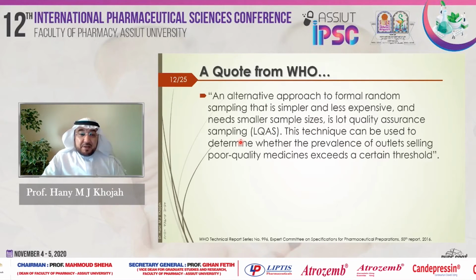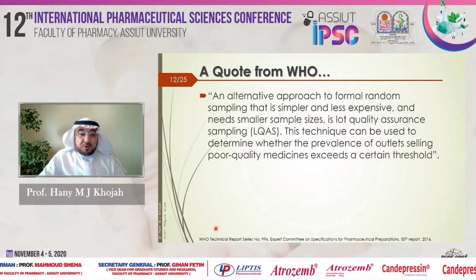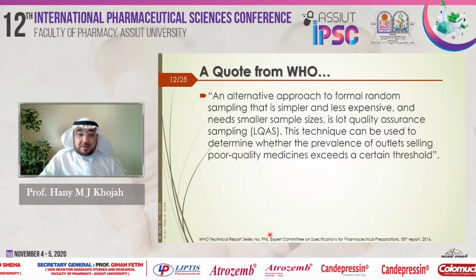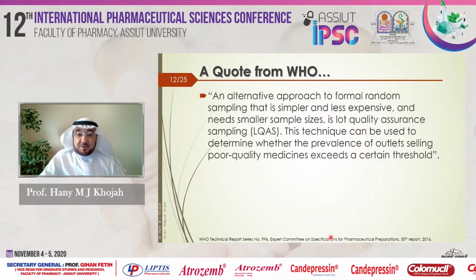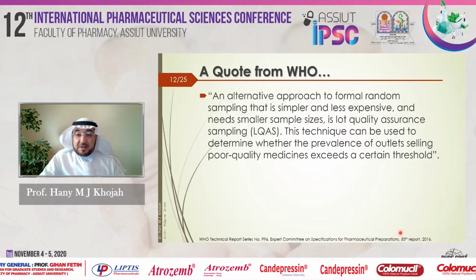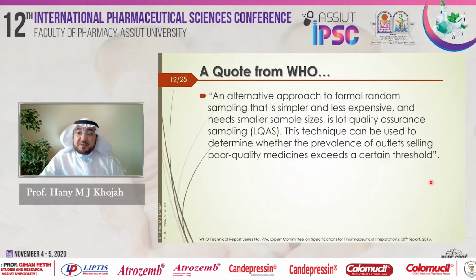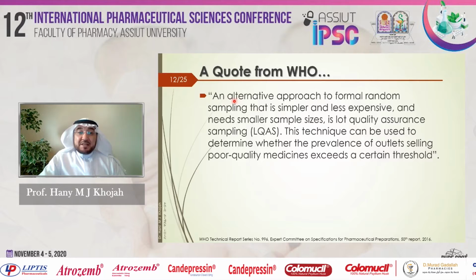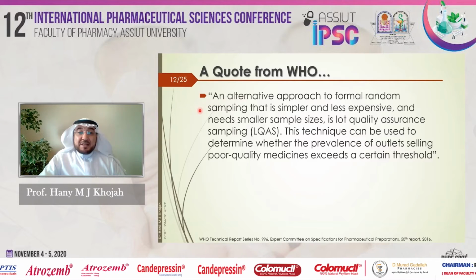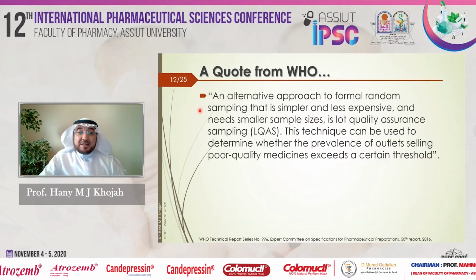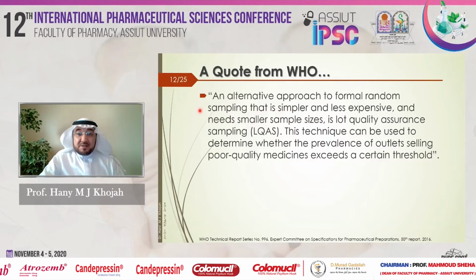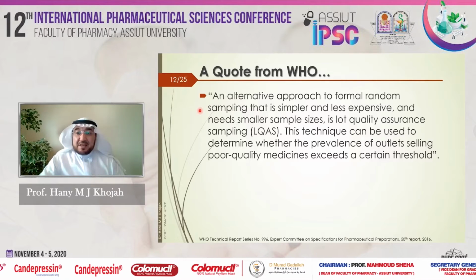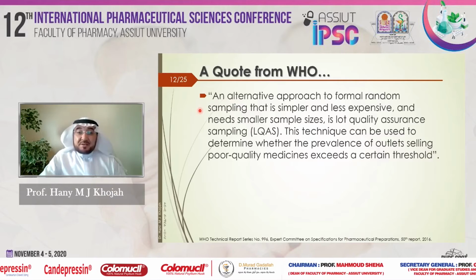Another quote from another report by the WHO, which is the technical report series number 996, the expert committee on specifications for pharmaceutical preparations, the 50th report published in 2016. It says an alternative approach to formal random sampling that is simpler and less expensive and needs smaller sample sizes is LQAS. This technique can be used to determine whether the prevalence of outlets selling poor quality medicines exceeds a certain threshold.